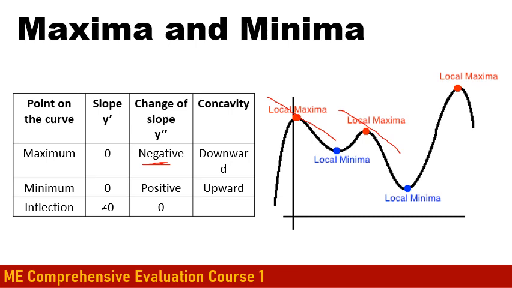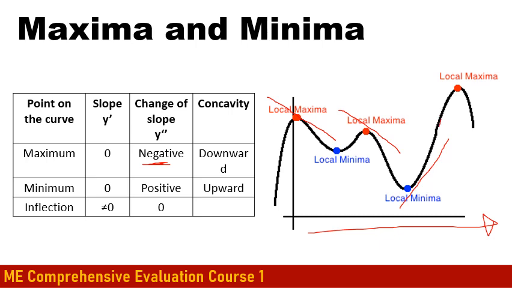For the minima, on the other hand, as the curve has increasing value, the minima also increases. That's why the change of slope of the minima is positive. At the inflection point, the change of slope is equal to 0. For the maxima, the concavity is downward, as you can see here at this particular maxima.